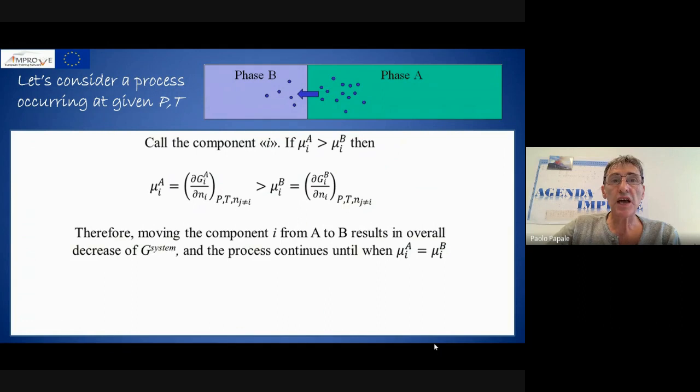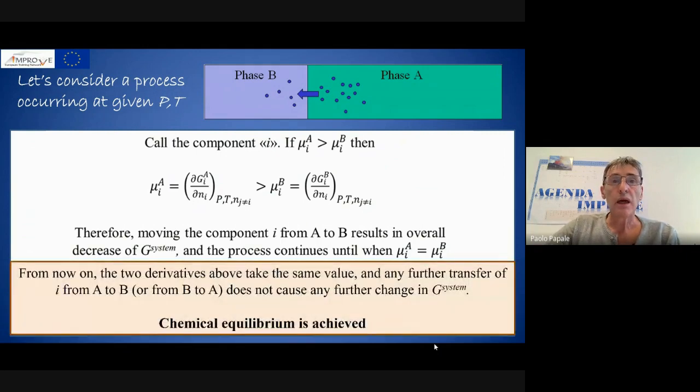After a certain time, after a certain amount of components has been transferred from A to B, the Gibbs energy of the two phases has changed, and so has the partial molar Gibbs energy or chemical potential of the component that has been moving across the phases. In particular, the chemical potential of the component in the two phases A and B now converges to the same value.